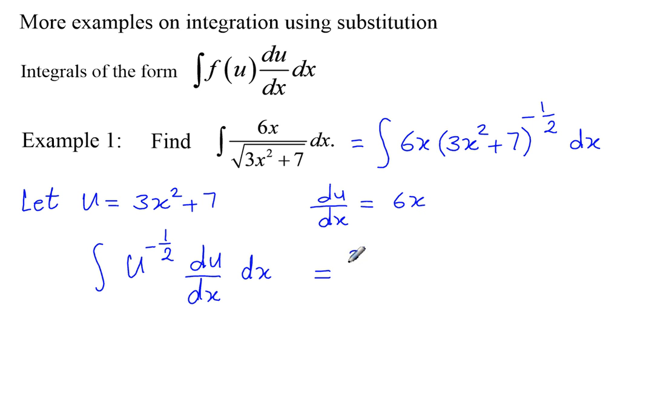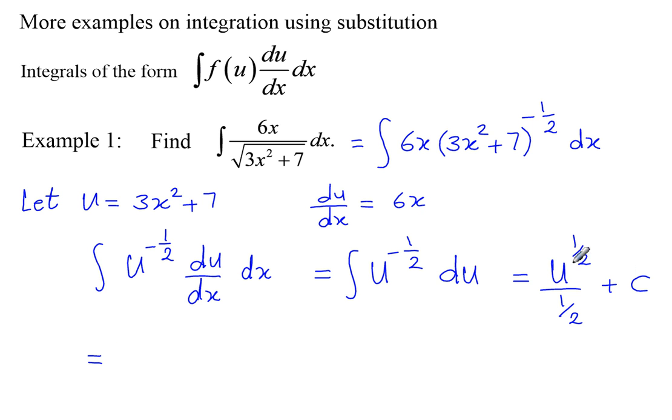So this is the integral of u to the power of negative half. Du by dx with respect to x ends up being du, and therefore integrating u to the power of negative half is u to the power of negative half add 1, so that would be half, divided by the new power, which is a half, and then plus constants.